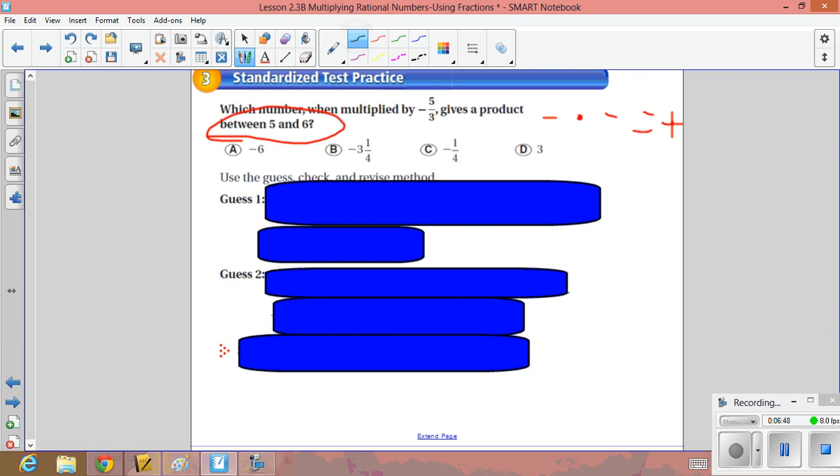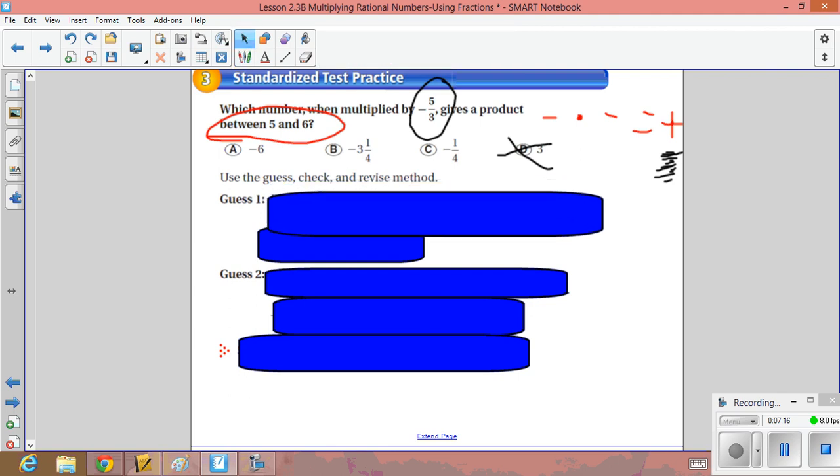So am I going to multiply by a negative or a positive to get a positive solution? If I'm taking 5/3, I need to multiply by a negative number to get a positive solution. So my answer can't be D because D is already positive.